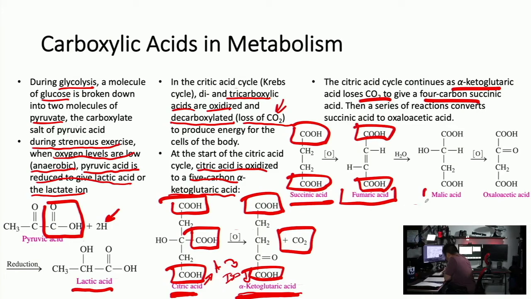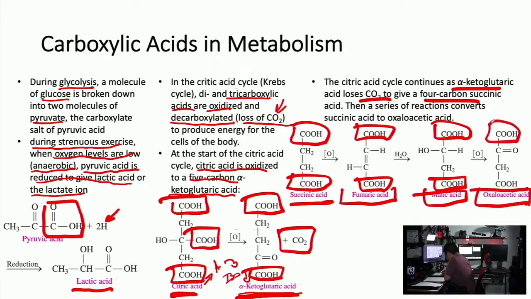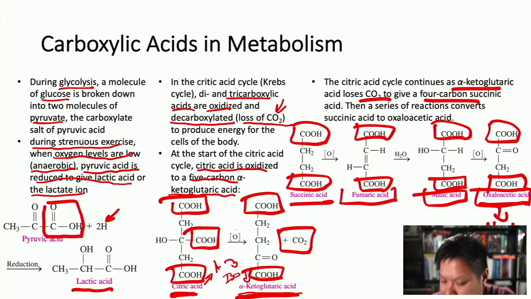And then at malic acid, still 2 carboxylic acids there, right? And then after that, we have oxaloacetic acid with 2 carboxylic acids there. And if you didn't already know, oxaloacetic acid is the last step of the citric acid cycle. After that, it becomes citrate again. It is called a cycle, right?